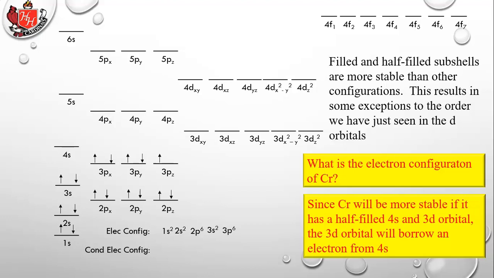That noble gas would be argon. Okay, now we're going down to the fourth row: 4s, potassium, calcium. And now here we go: 1, 2, 3, 4, is chromium.